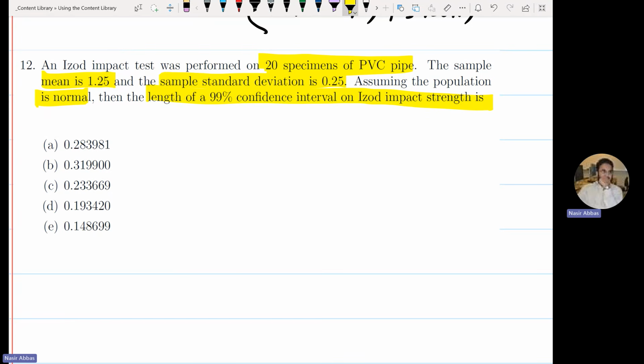To find the length, you need the confidence interval first. Find the confidence interval, then the upper limit minus the lower limit will be the length. In this case, number one, are you required to find the confidence interval for mean or proportion? These are the two things in your syllabus, chapter 8.